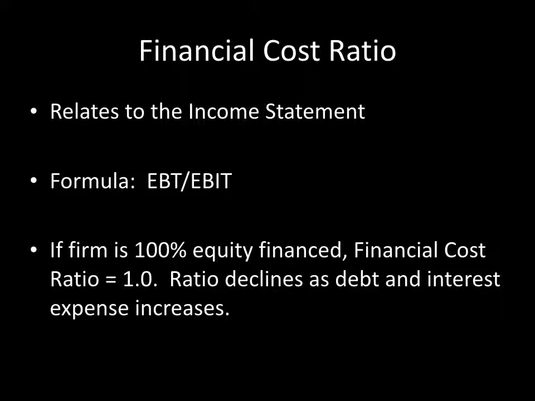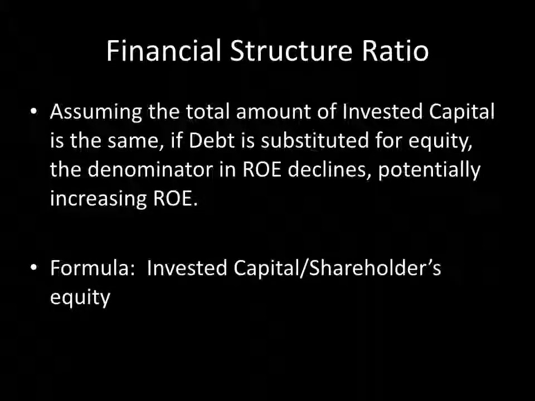However, as we add more debt to the financing structure and substitute it for equity, the earnings before taxes will decline because we're having to pay interest expense. So in fact, the ratio will decline. The other component that affects return on equity that's related to financial structure or leverage is the financial structure ratio.